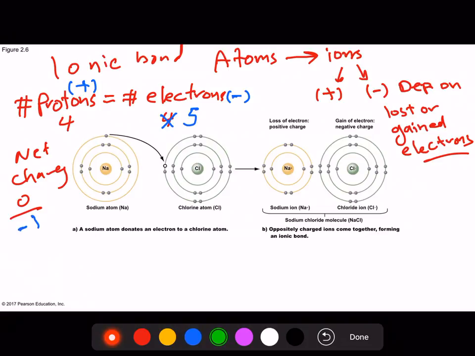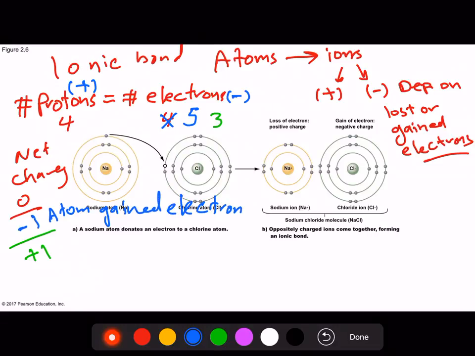What if instead of 4, we have 3 electrons? In this case, we have 4 protons, but 3 electrons. The net charge would be +1. So this is an atom that has gained an electron.